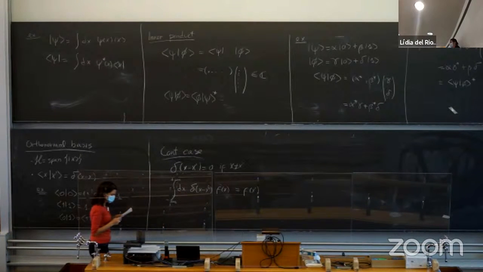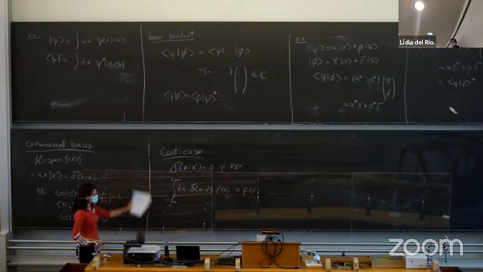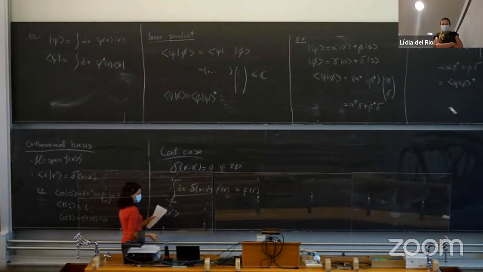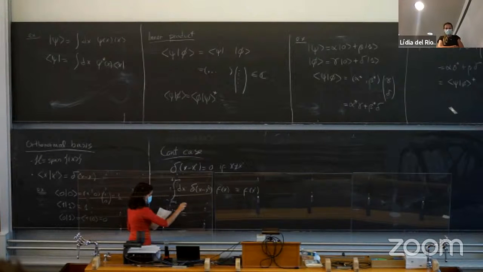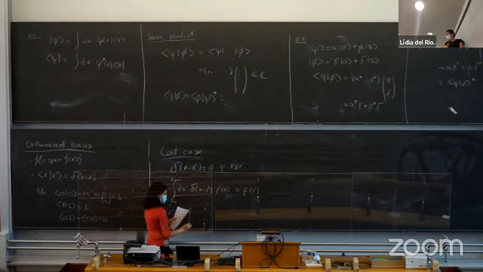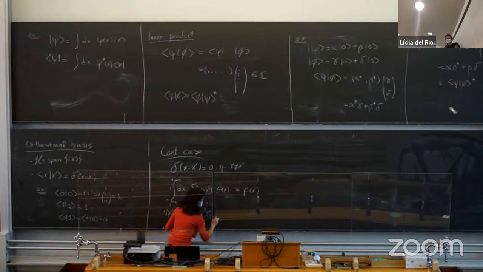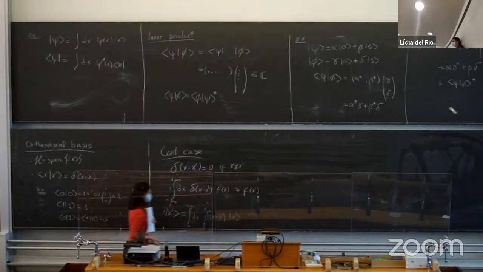So for example, you can expand the basis state |x prime> in its own basis. So we can write it as the integral dx, in the usual way, and then have here delta of x minus x prime.